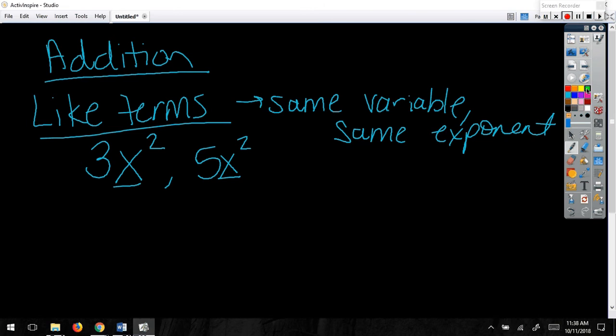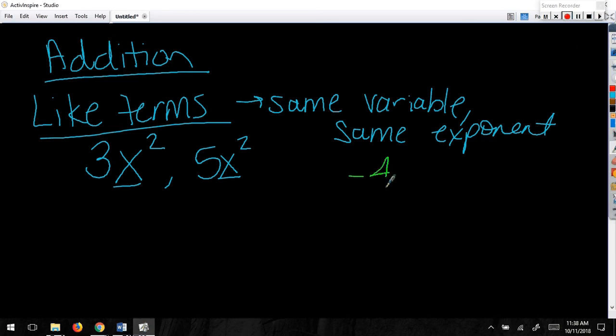Another example of like terms may be negative 4x to the 7th power and 6x to the 7th power. Okay, as long as the variable and the exponent are the same, then they're like terms.